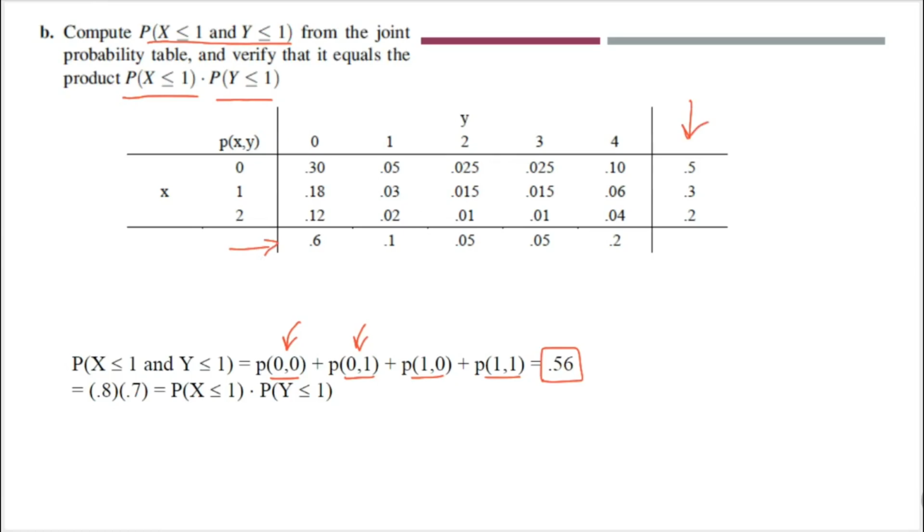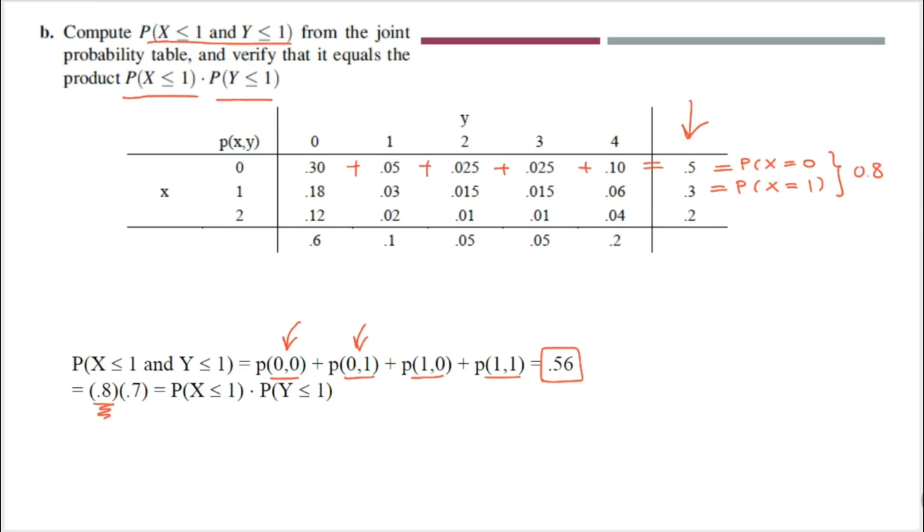So if we want x less than or equal to 1, this corresponds with the probability that x is equal to 0 plus the probability that x is equal to 1. So it's just the sum of these values. And if you sum those two values, you'll get 0.8, which is that value there.